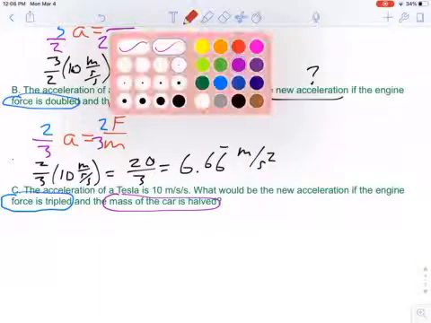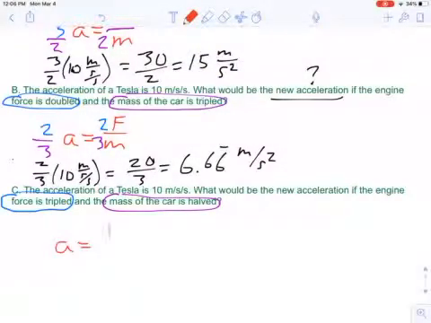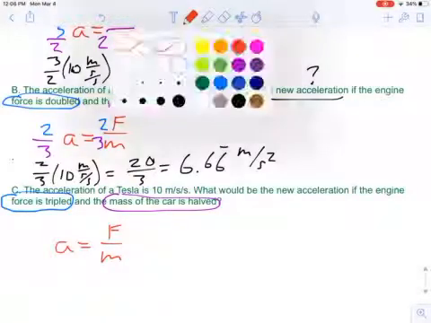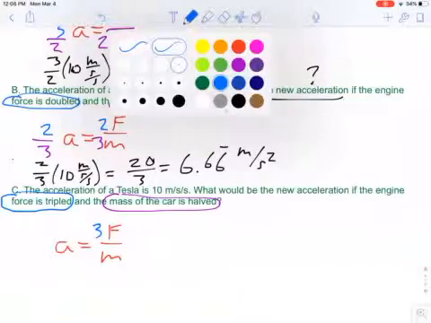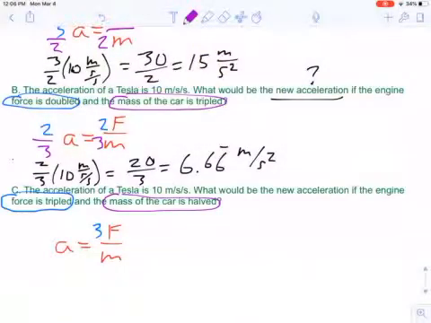The original equation was a equals f over m. But I'm going to show that the force is being tripled, so whatever it was is now 3 times bigger. The mass of the car is now halved, so we can put this as 1 over 2.